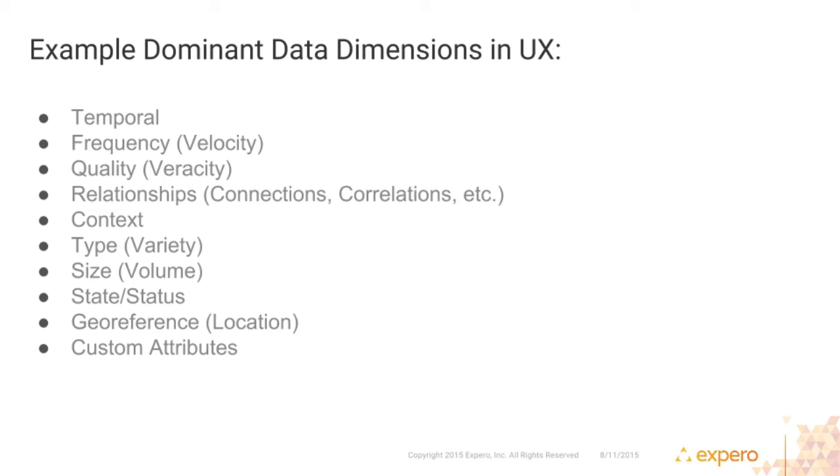Geodata comes in as well, and that can be a dominant attribute for browsing. And then, of course, there are always custom attributes in the data. These are just some of the characteristics that we often consider whenever we're working with users to try to find what is that real dominant way at any given time that they want to browse the information. You can also pair these together, which I'll show you an example of in a minute.